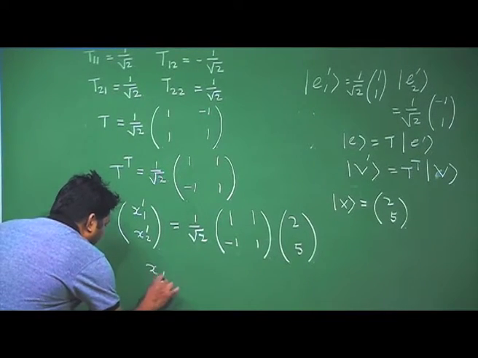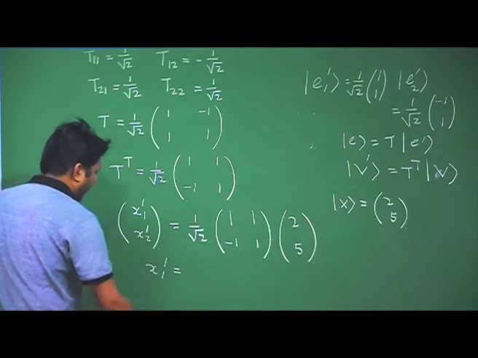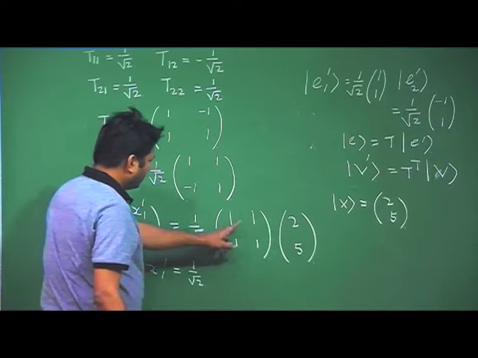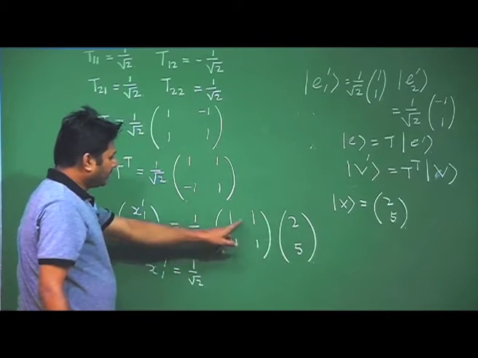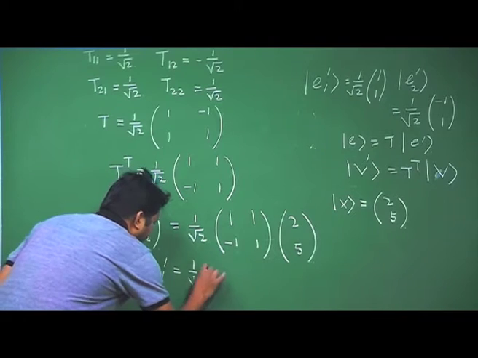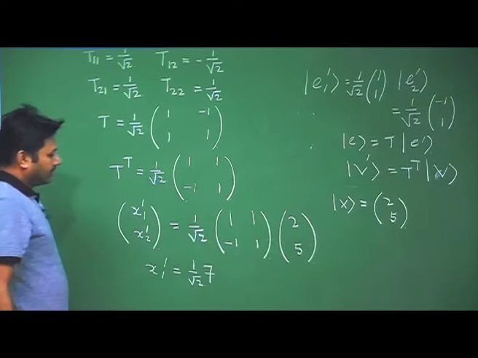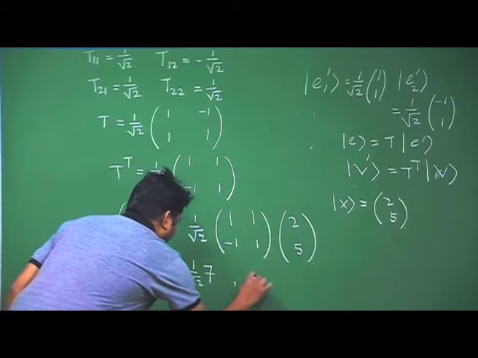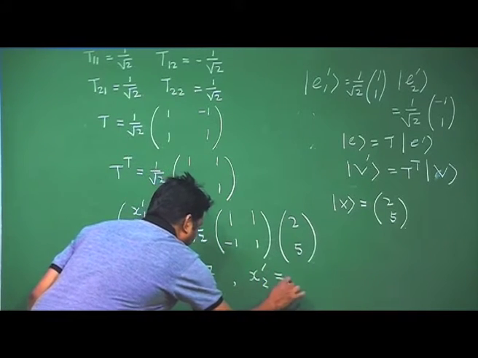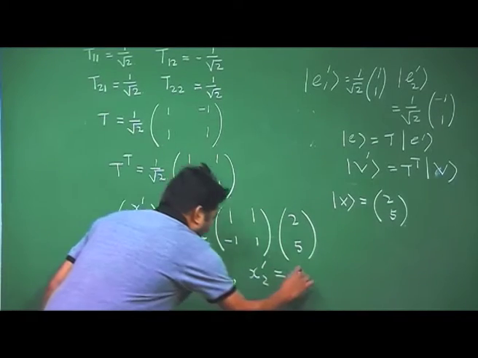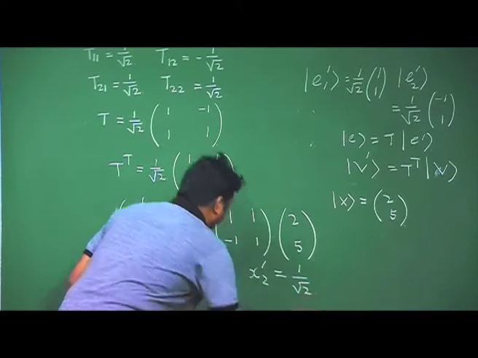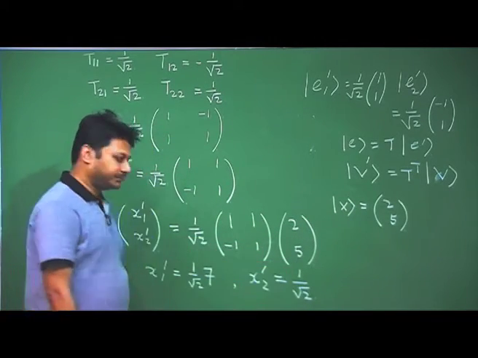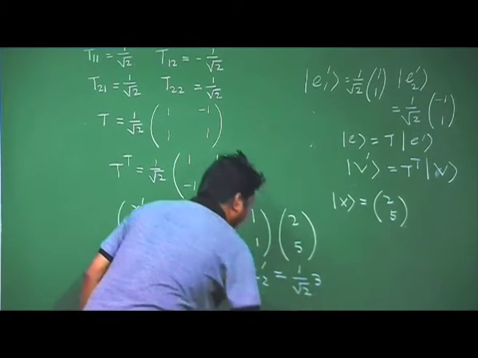So let us solve and see whether what I am getting is the correct thing or not. x1 prime is simply 1 by root 2 into 1 and 5 into 1, so 7, it is coming like this. And x2 prime is coming as 1 by root 2 times minus 2 plus 5, so 3.